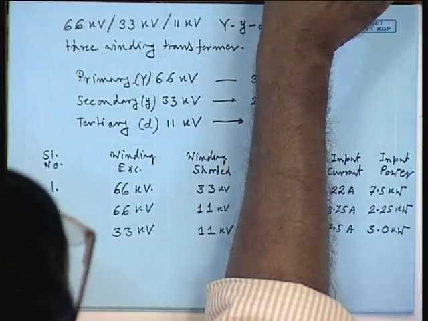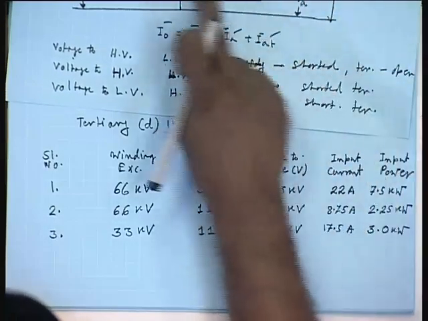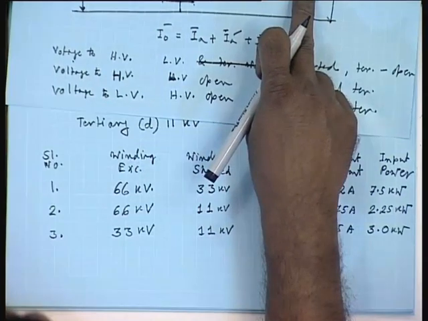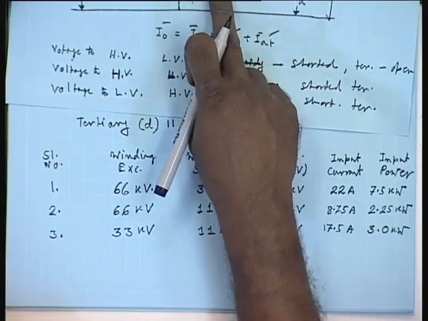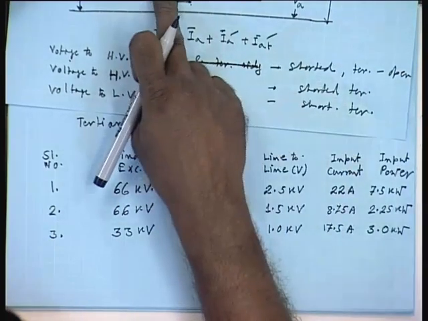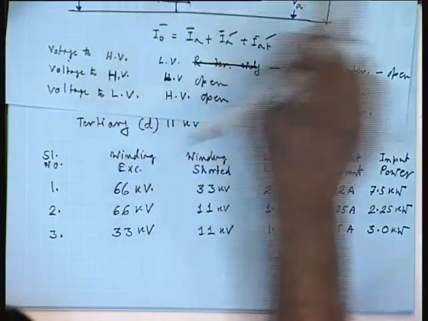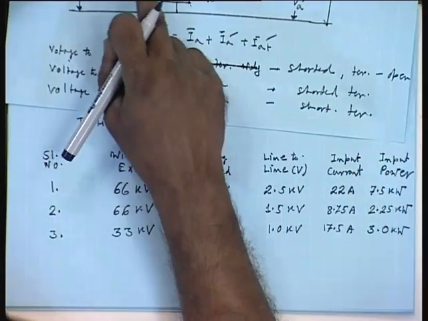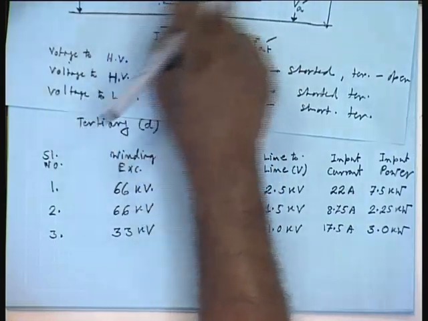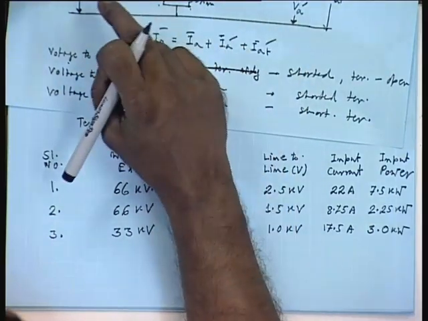Now, referring to this test data, we can see if we keep a winding open, then that resistance does not come into consuming power from the input power, and if we neglect the magnetization branch during short circuit test, then the total power is consumed in the two resistances of the 3 winding transformer.